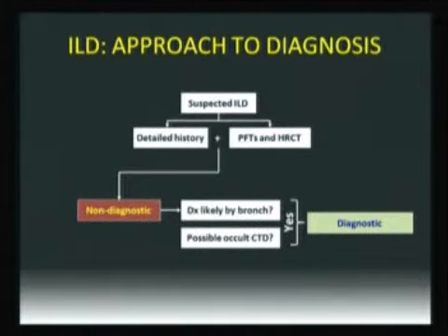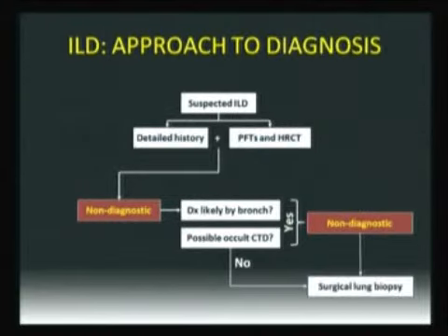But let's say that you make a diagnosis of sarcoid by transbronchial biopsy, or a diagnosis of, let's say, Sjogren by serology, then you get the diagnosis. But this is not happening very often. In many cases, you don't have a diagnosis here, then you go to surgical lung biopsy. Surgical lung biopsy in ILD is not like surgical lung biopsy in cancer, in which you have a definite answer to your questions.